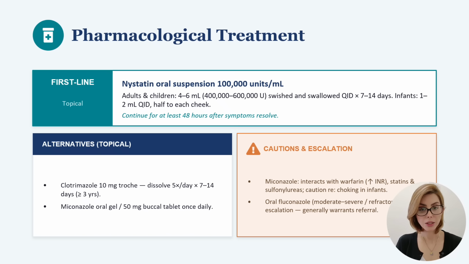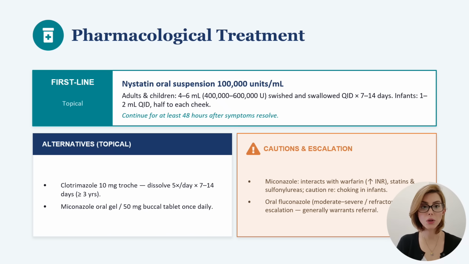Tell patients to keep going for at least 48 hours after symptoms clear, so the infection doesn't bounce right back. And watch out, miconazole interacts with warfarin. It can raise the INR, as well as with statins and sulfonylureas, with a choking caution in infants.